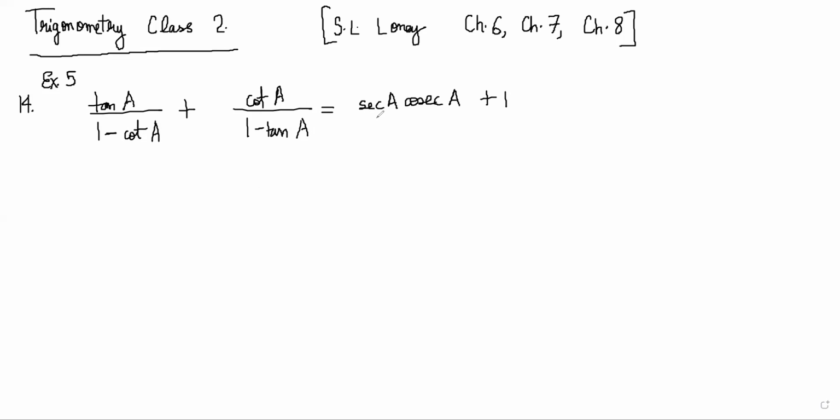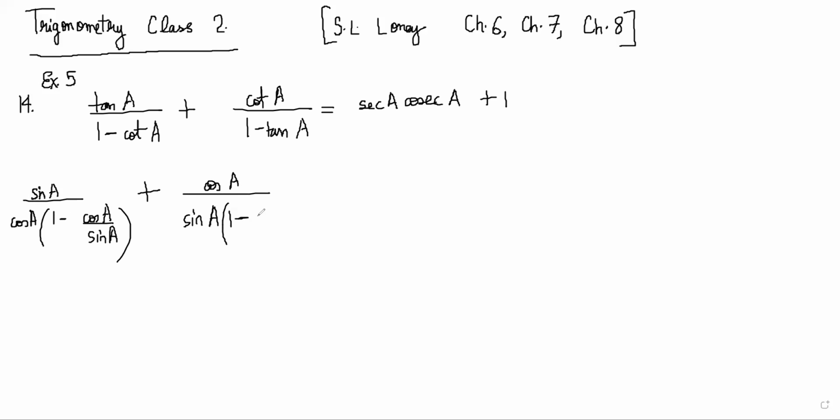Now, obviously, it is more convenient to work in sine and cos. So I will just work in sine and cos. So this is sine A by cos A over 1 minus cos A by sine A, right? Plus this is cos A by sine A over 1 minus sine A by cos A, right? Yes, sir.